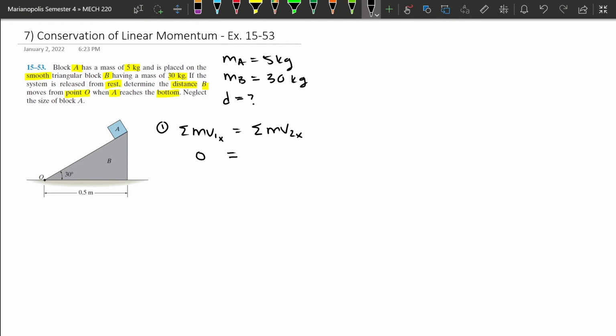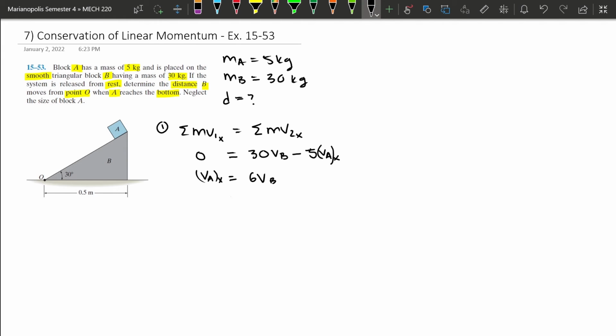On our right hand side, we have the mass of block B times VB, minus 5, the mass of block A, times VA in the x direction. For VB, I won't even put x because we know it's only going to move to the right. Rearranging, I get VAx is equal to 6VB.